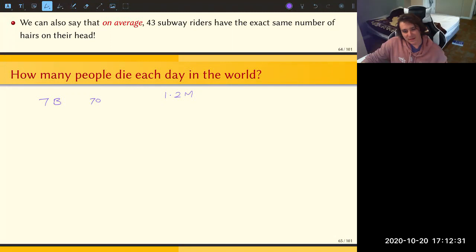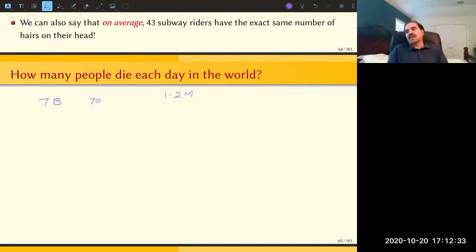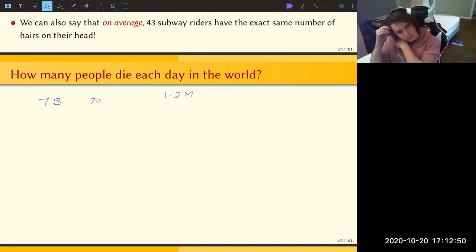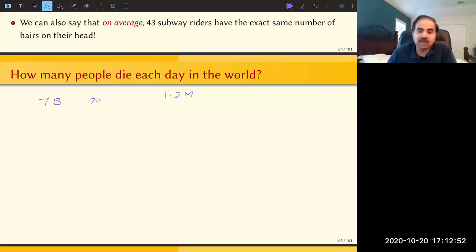Well, again, these are all rough guesses, right? So we are going to be right within a factor of 2 or 3, but not any more accurate, because we are just trying to make educated guesses about this. So if that is the kind of number we are looking at, then how would we take these 2 numbers and turn it into the number of people that die in a year?